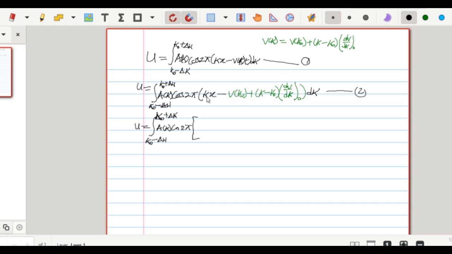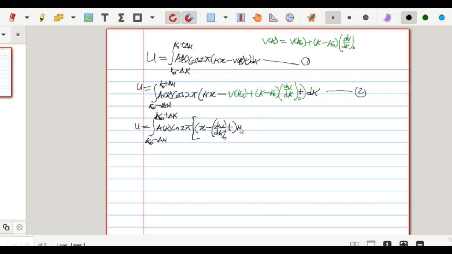If you open this bracket, you have kx here, and you have k multiplying this, and there's a t here. Take note of this t multiplying this. So what we are going to have here is x minus dv over dk naught of t, multiplying k, because k multiplies this t and the whole of this.